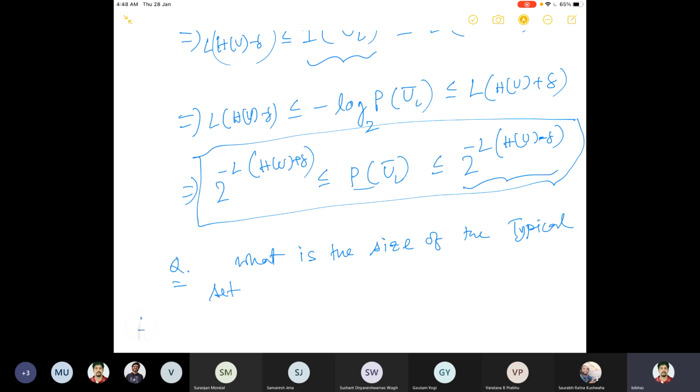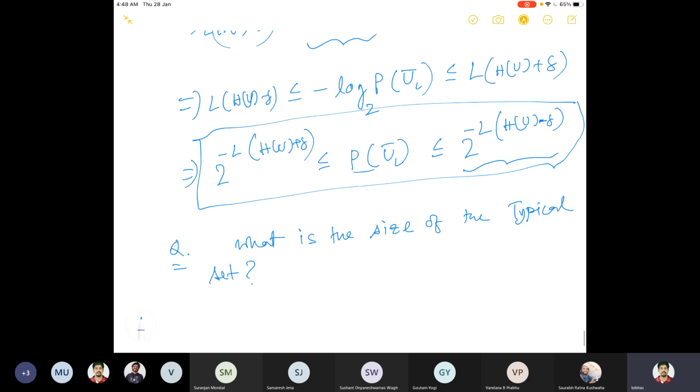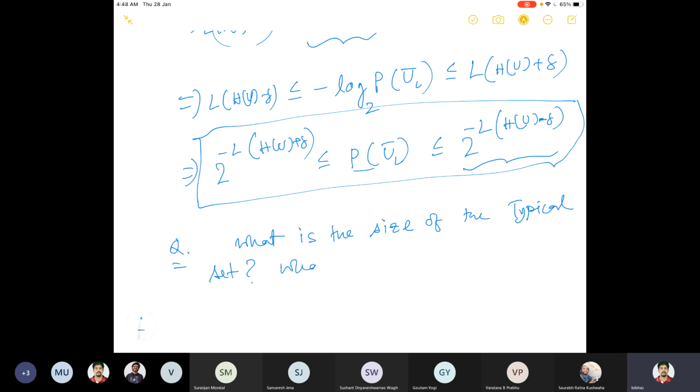That means, what is the number of elements in T? We want to find that. So we need to find a bound on how many sequences there are. Now let us find a bound.